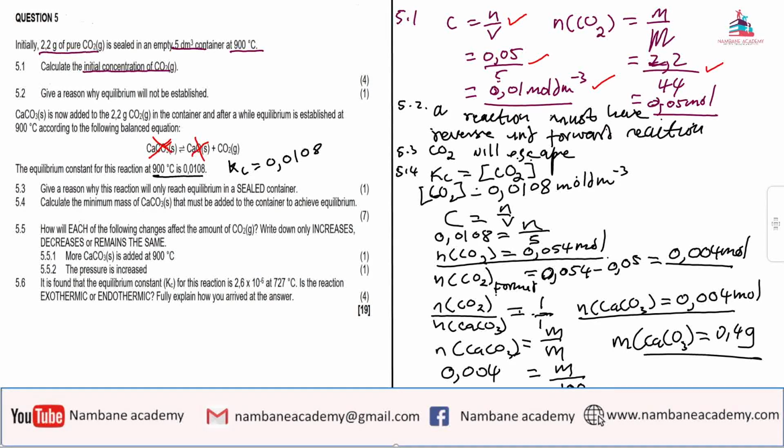Write only increase, decrease, or remain the same. More calcium carbonate is added at 900 degrees Celsius. Ladies and gentlemen, they are adding a solid. They are not adding or changing the concentration. So solids do not have concentration. So it basically says here, this must now remain the same.